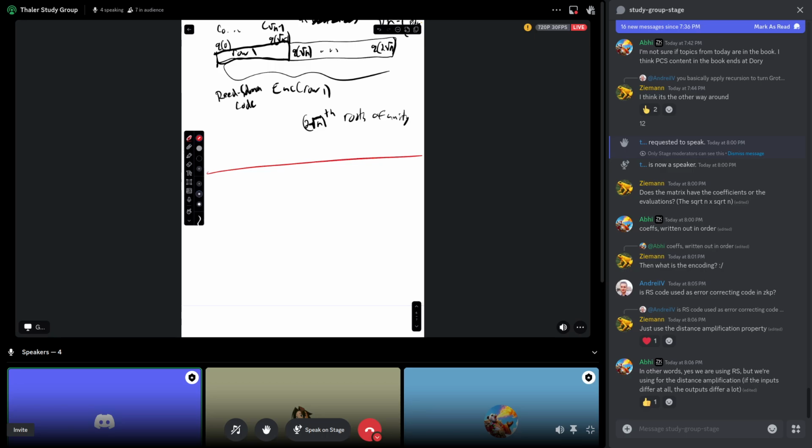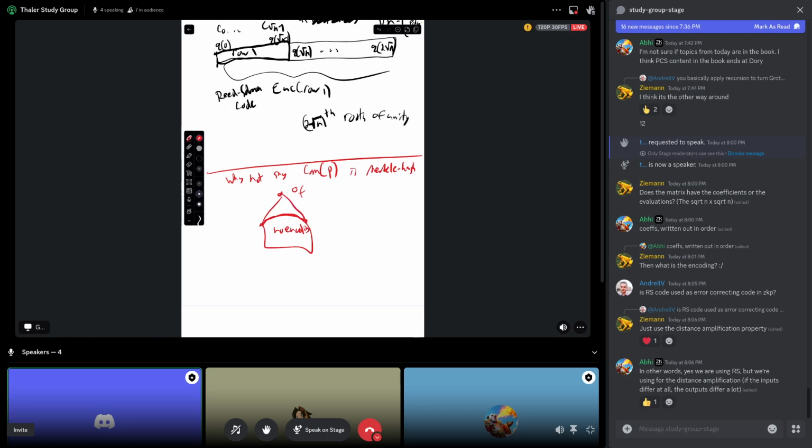Another way of phrasing your question is, why not say the commitment to the polynomial P is just the Merkle hash of the unencoded matrix? Yes. So, no encoding, just Merkle hash this thing.